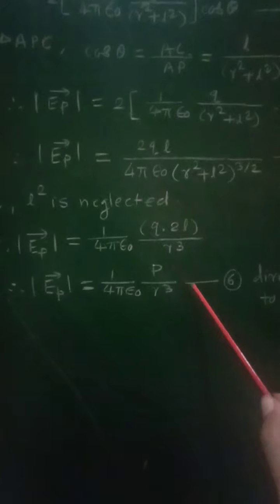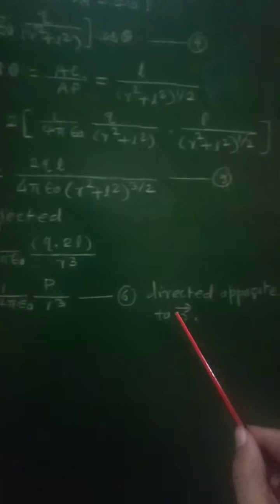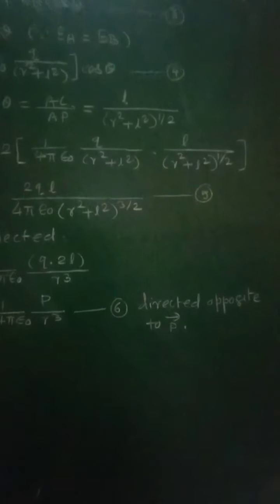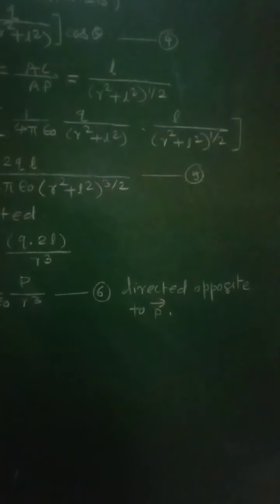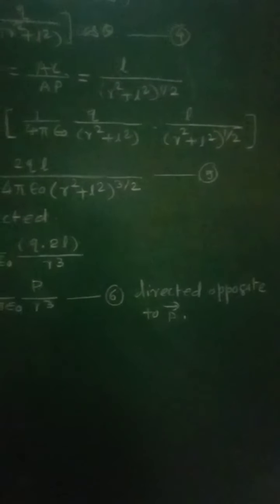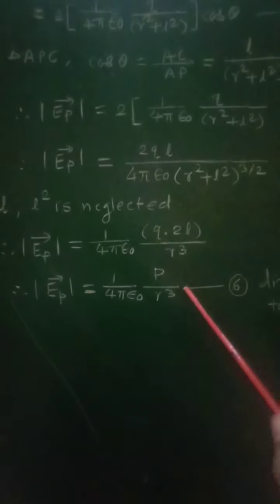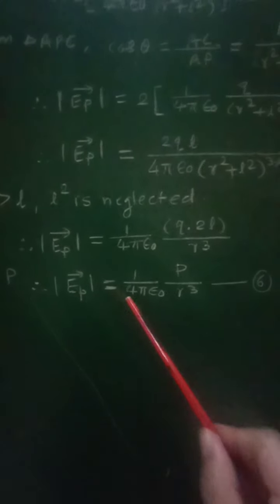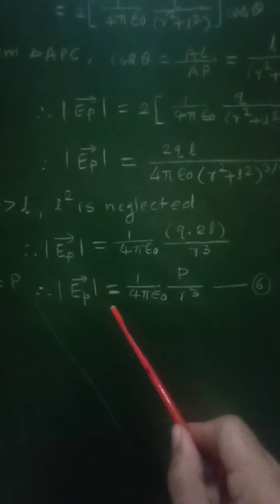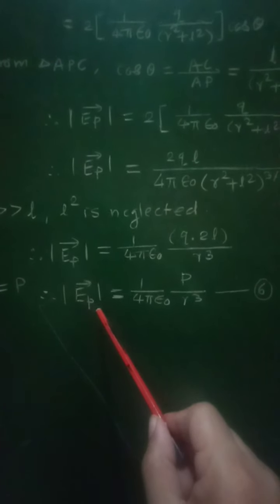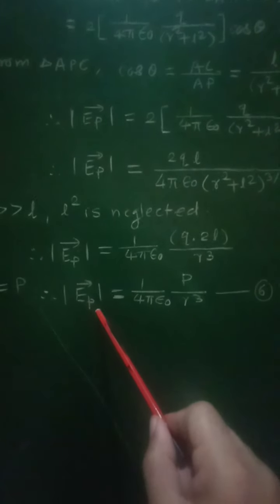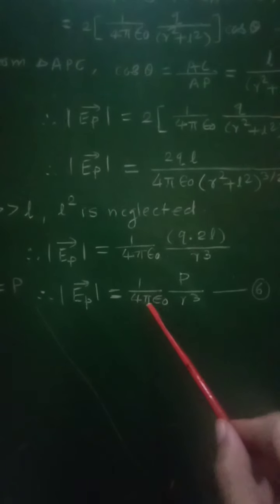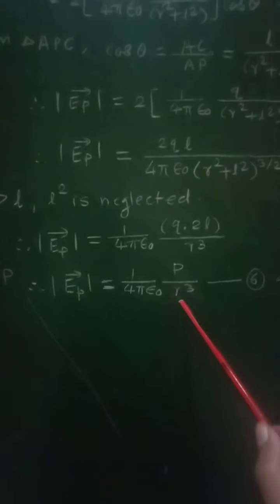This electric field intensity will be directed opposite to the electric dipole moment P, because P is directed from negative charge to positive charge, and this electric field intensity will be directed from positive charge to negative charge. So this expression will represent the electric field intensity at any point P along the equator of that electric dipole, which is 1 upon 4 pi epsilon 0 P by r cube.